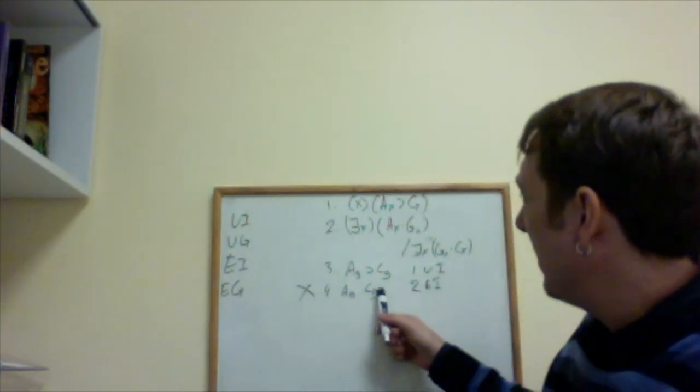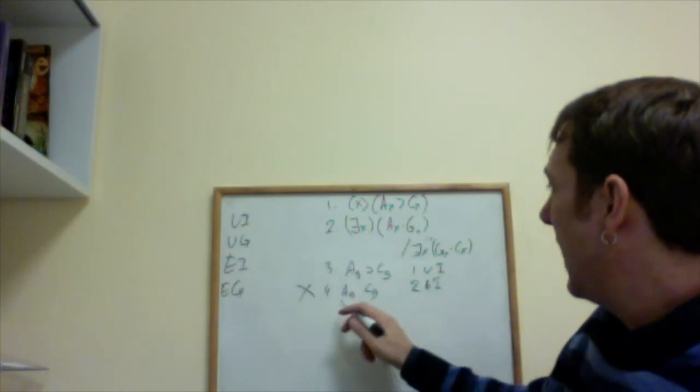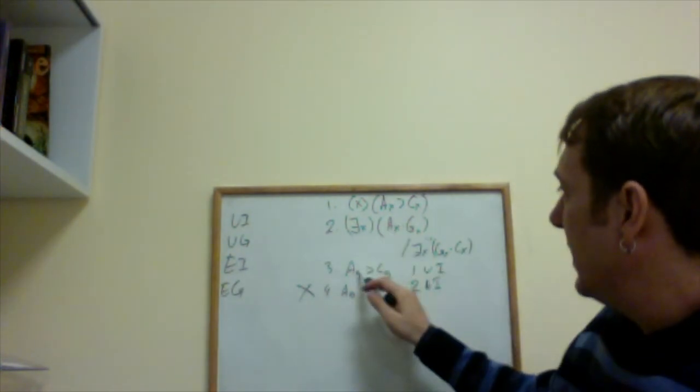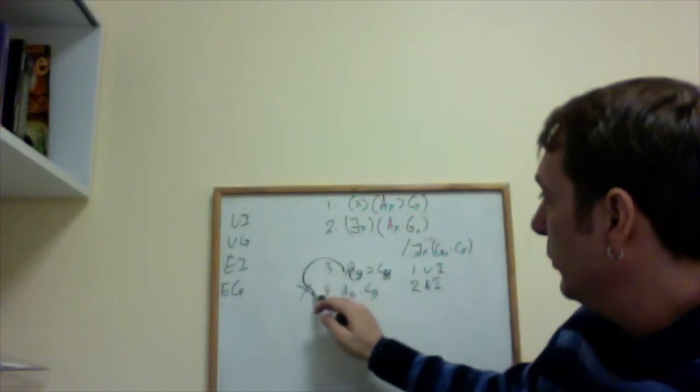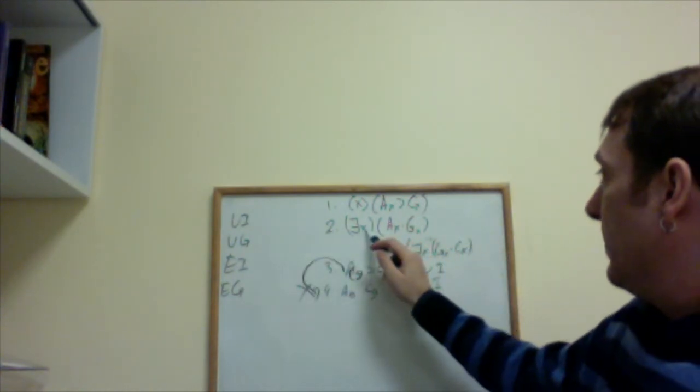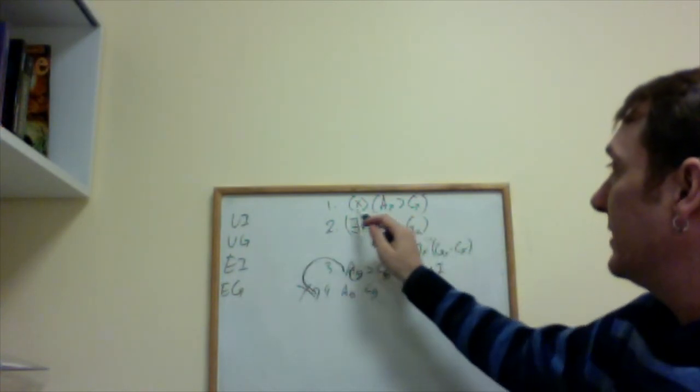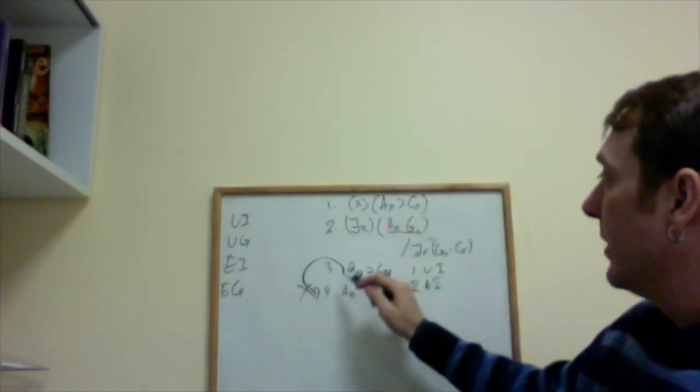It has to be a name that doesn't appear on any line of the proof. So you can't do this and then move to this. Notice we did it the other way. We picked a random name here, and then since this one allows us to do anything, we substitute it.